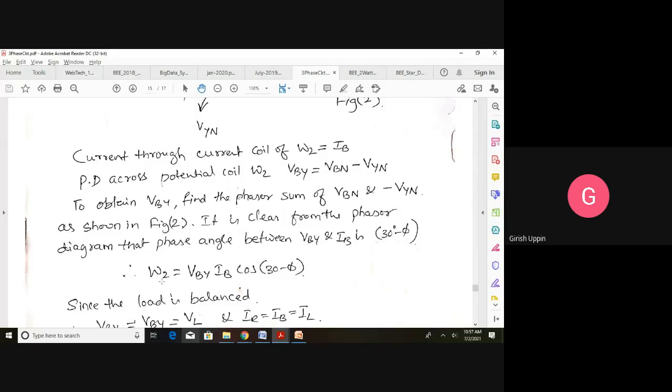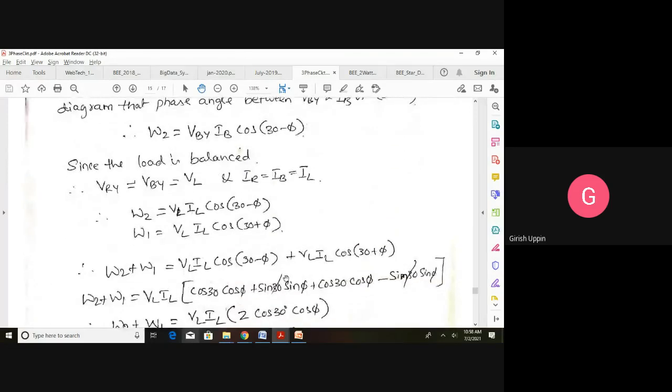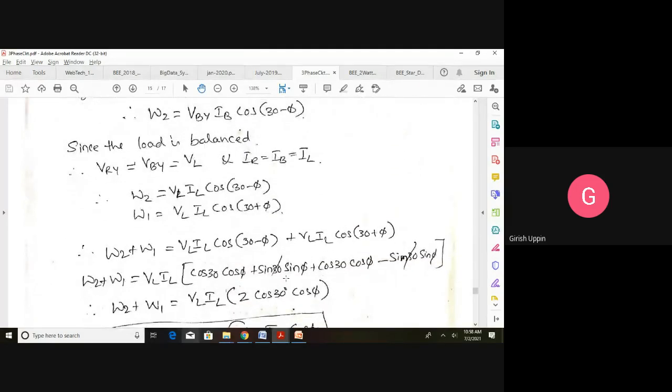Therefore, the wattmeter 2 reading is voltage into current into cos of the angle between the voltage and the current. W2 is equal to VBY into IB into cos(30 minus 5). Now we have two equations for W1 and W2. We will represent all currents and voltages in terms of line voltage. VRY is equal to VBY is equal to VL. Why?